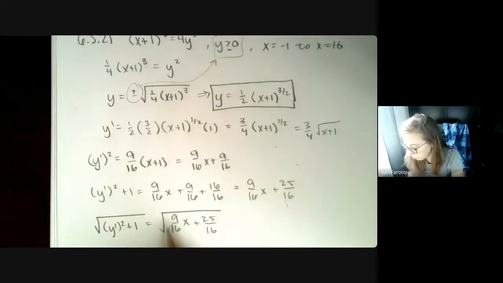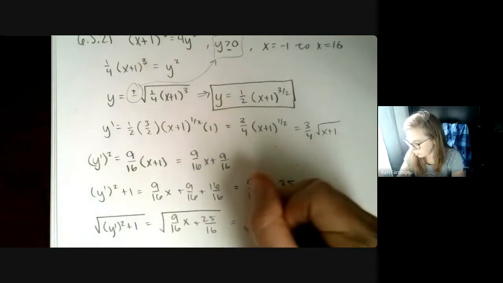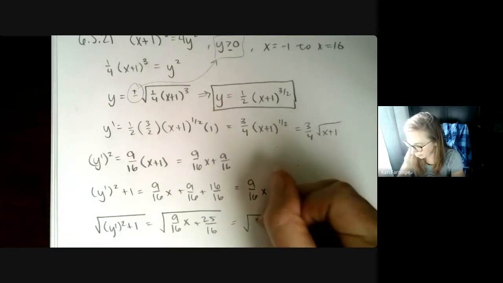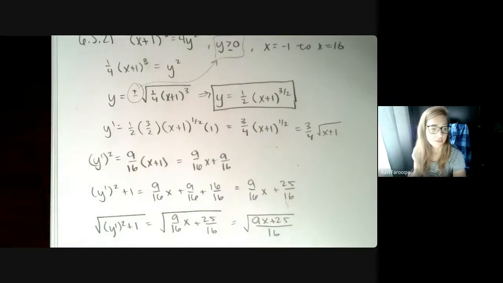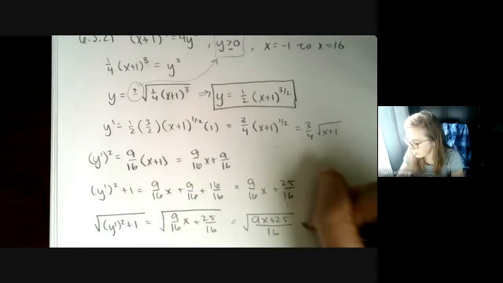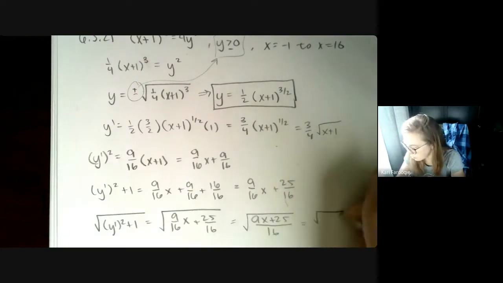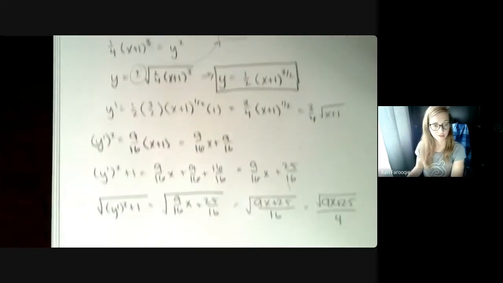You could just do a u substitution here, but then du is 9/16, and I'd much rather have a du that's an integer. So I'm going to simplify this by saying it's the square root of 9x plus 25 over 16. Might as well just keep that same denominator. Then I can simplify this by taking the square root of the numerator and denominator separately, and the square root of 16 we can write as 4.